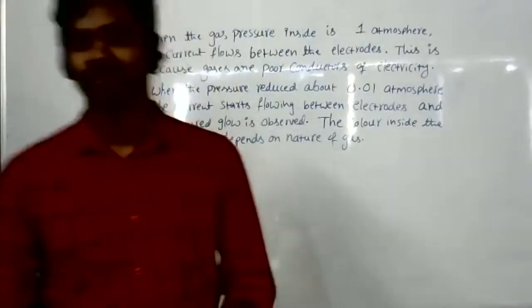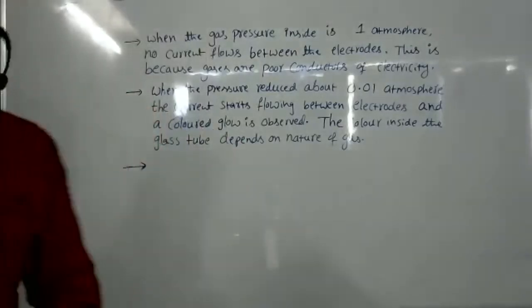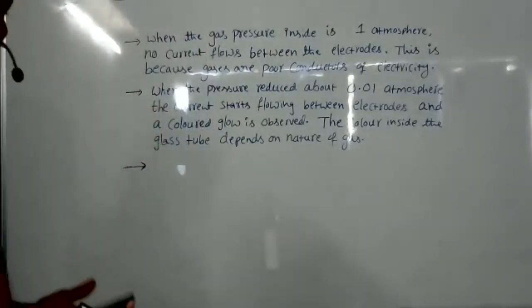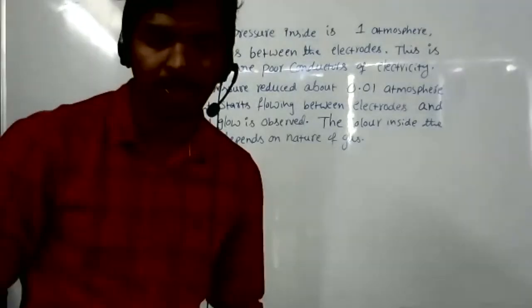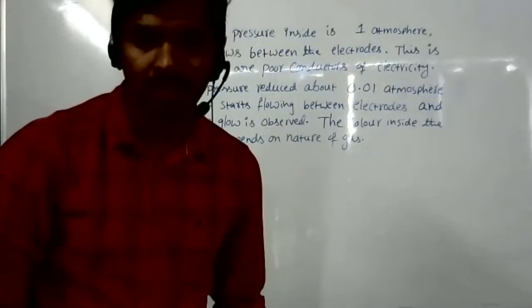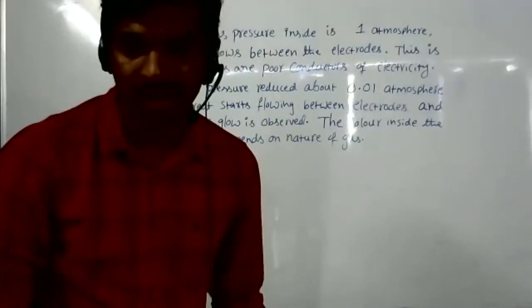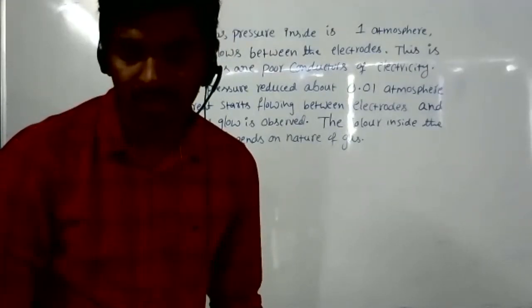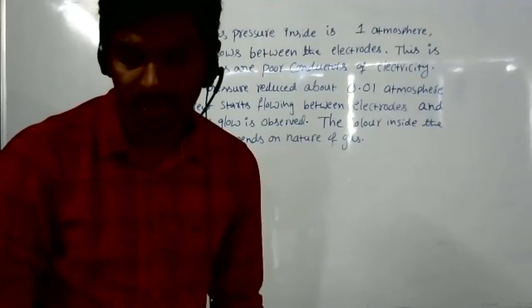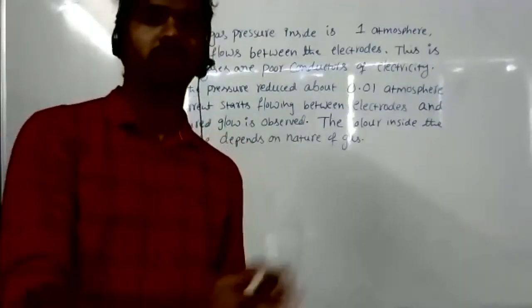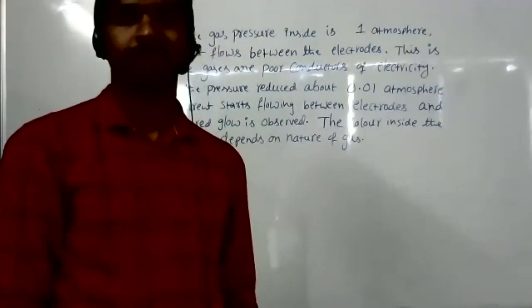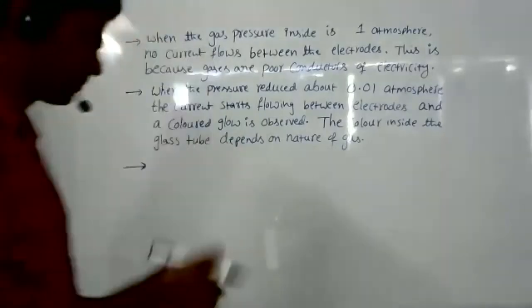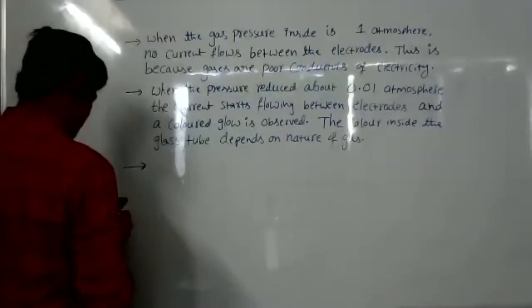So it means that there should be the right amount of gas for observing glow, right? Yeah, to observe some color, we need to maintain a particular amount of gas. Okay, next point, continuation.